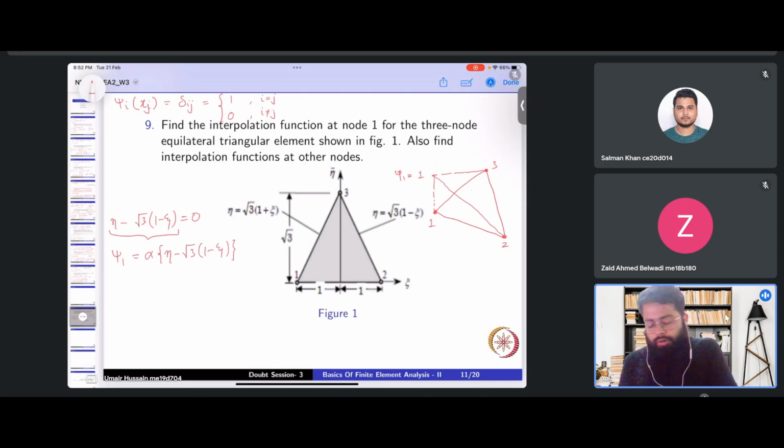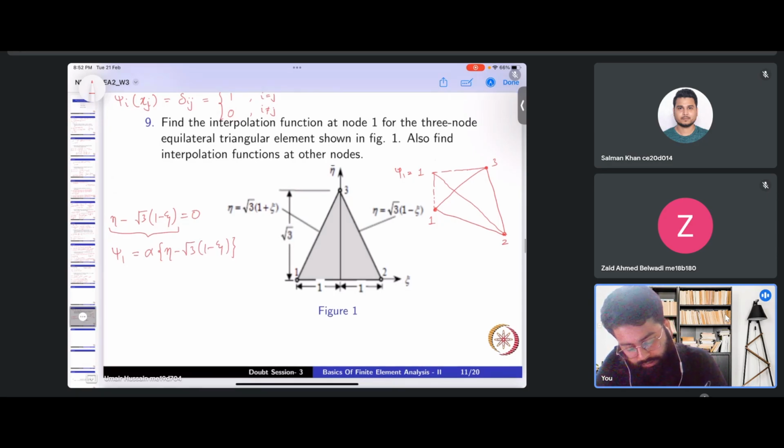So in order to find the value of this constant, we just need to substitute the value of any node. So we know that at node 1, the value of zeta is minus 1, the value of eta is 0, and the value of psi 1 is 1.